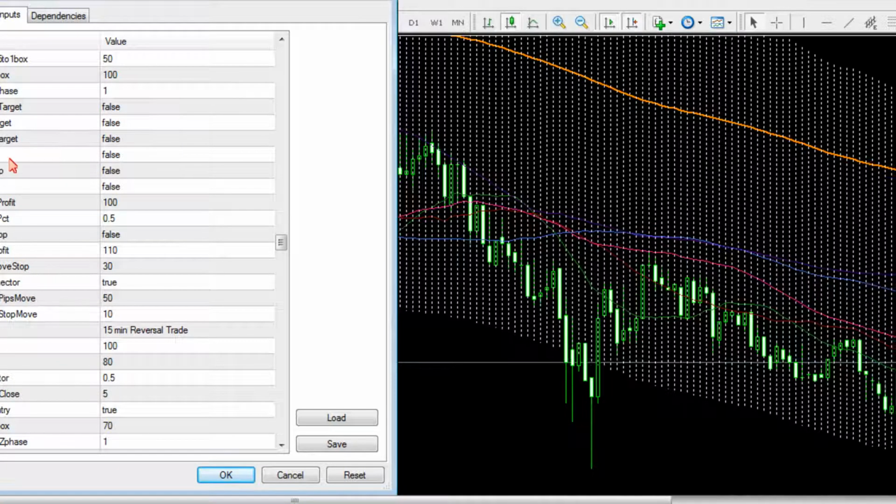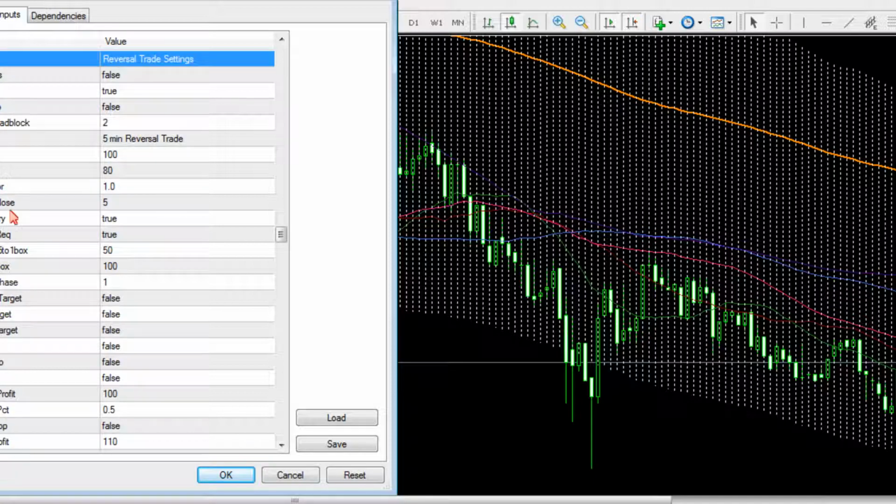Sort of can't see it at the moment, but got a fixed stop of 10, target of 8, risk factor 1. And all of these, basically, the entry criteria are the same as Sam's default settings that came with it.